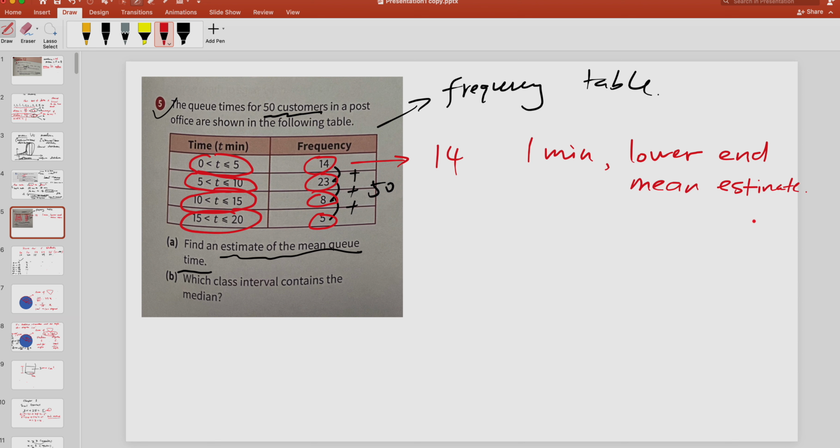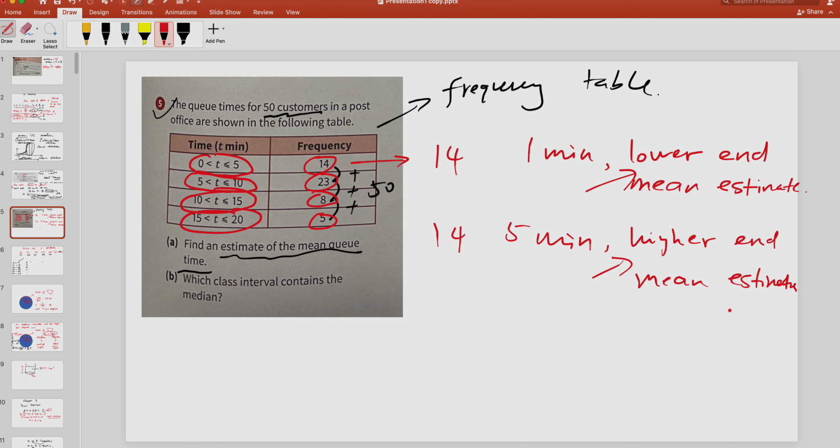Then if I say 14, with 5 included, I take the higher extreme. This will give you the higher end mean estimate.